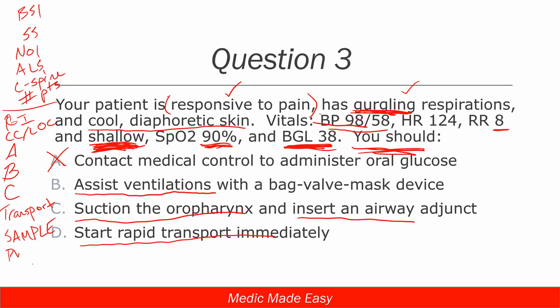Then we're going to do our physical exam. And then, based off of all of that information, we're going to form a differential diagnosis or field impression. After we've done all of that, I've assessed all of these things, I've dealt with my emergent ABC issues, I've made my transport decision, I've asked all my SAMPLE history questions, I've done my physical exam, here's what I think is going on with my patient.